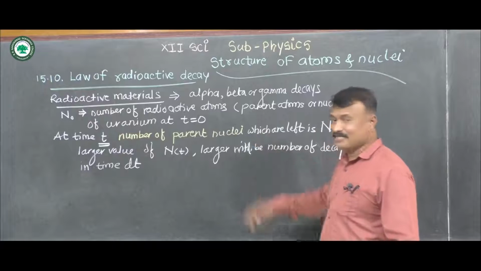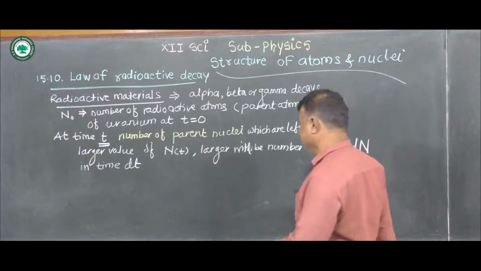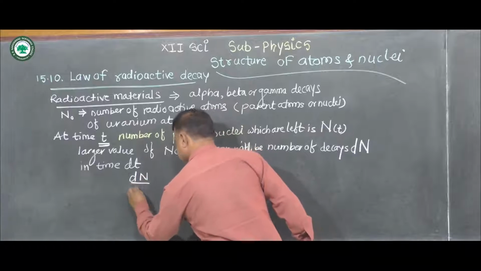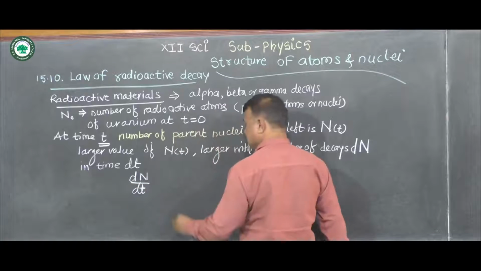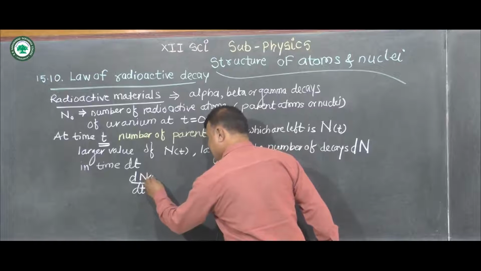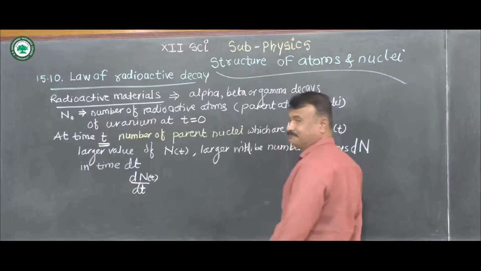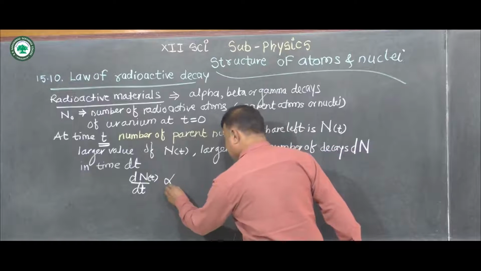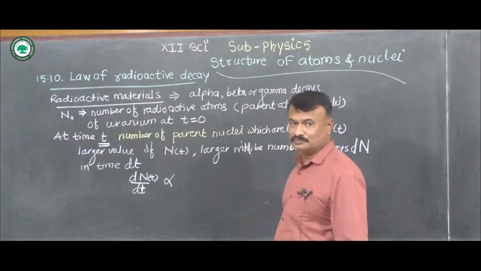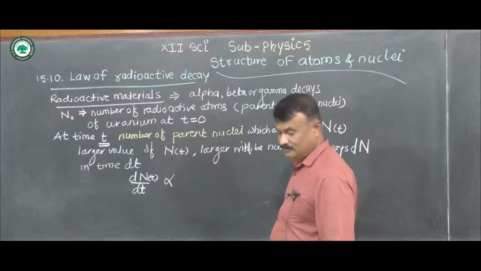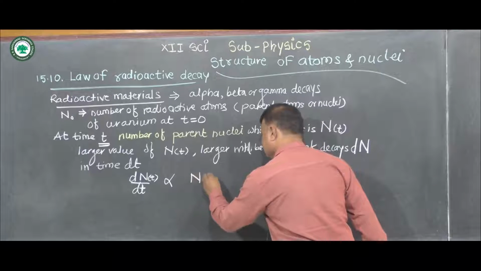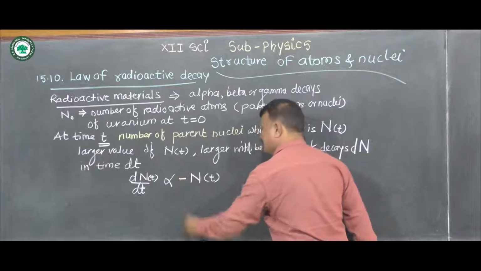So according to this, we can say this is dN by dt. This N can be written as Nt. dNt by dt is directly proportional to Nt, but there is a negative sign.